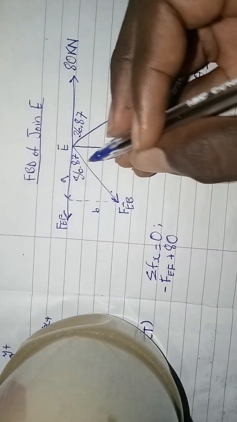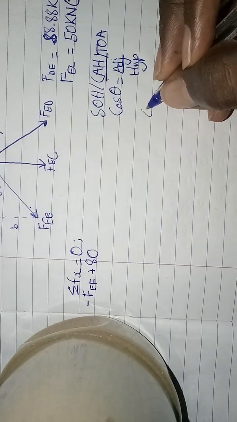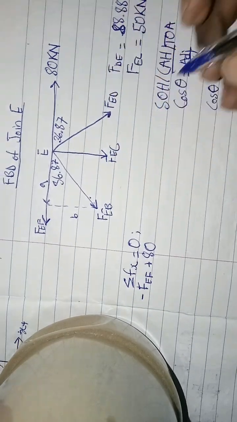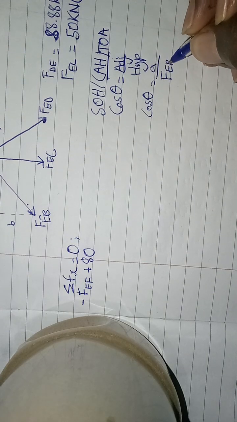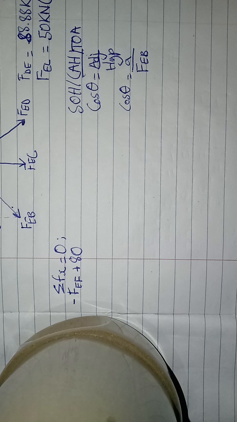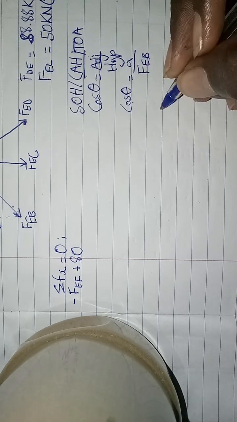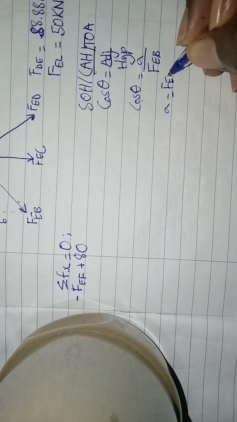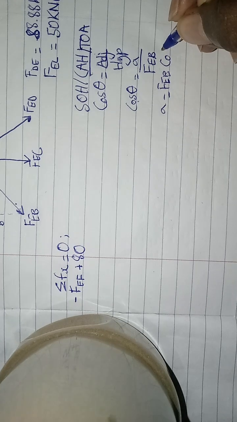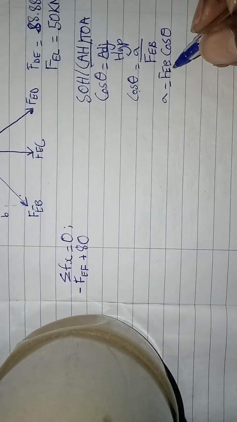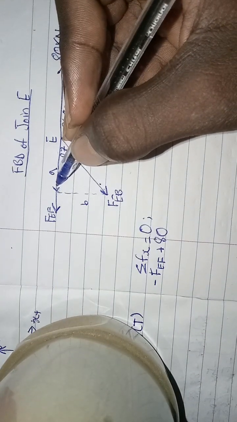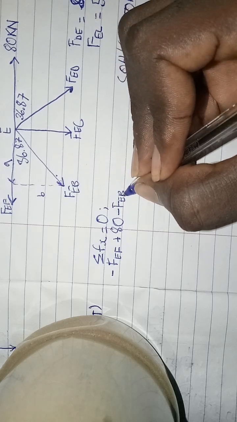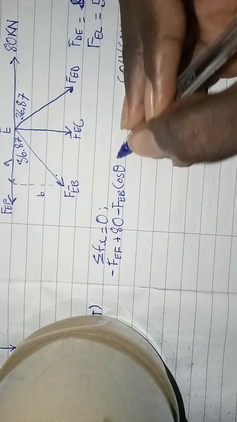The adjacent is A, and the hypotenuse is force EB. So we make A the subject: A will be equal to force EB cos theta. It is pointing to the left, so it will be negative. So negative force EB cos theta.